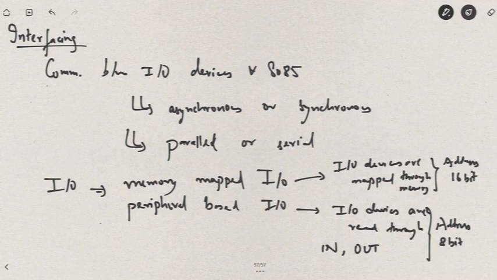You can identify the I/O device through an 8-bit address, whereas in the case of memory mapped I/O, the I/O device will be mapped through a 16-bit address. So these are some basics about interfacing, and the different communication methods that we use for interfacing.